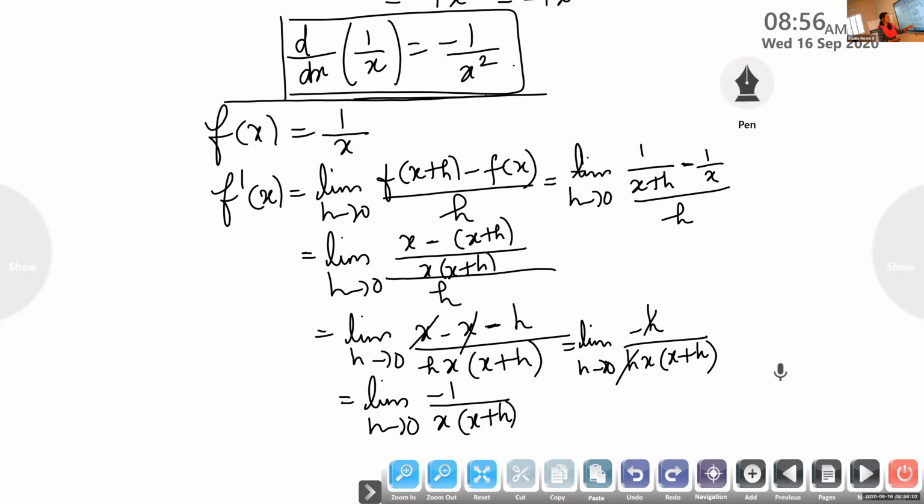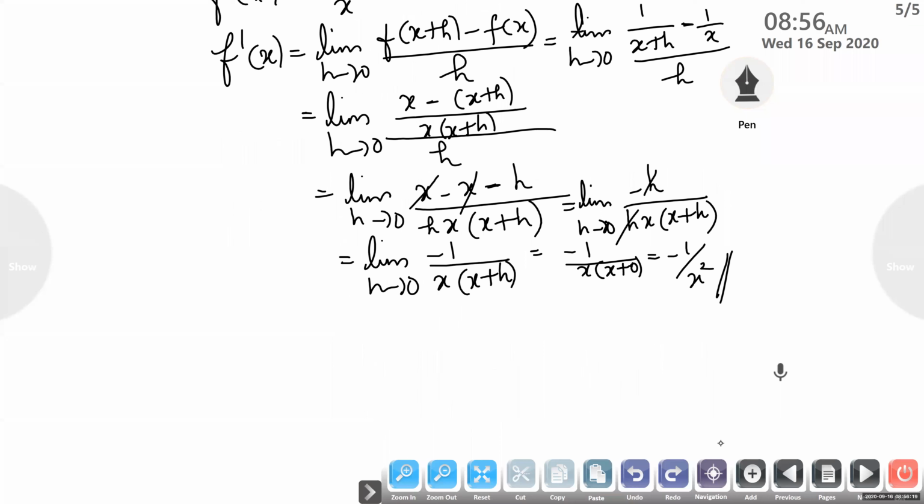Now, you put h as 0. When you put h as 0, what will you get? Minus 1 by x into x plus 0. So, what is the answer? Is it minus 1 by x square? It is minus 1 by x square.